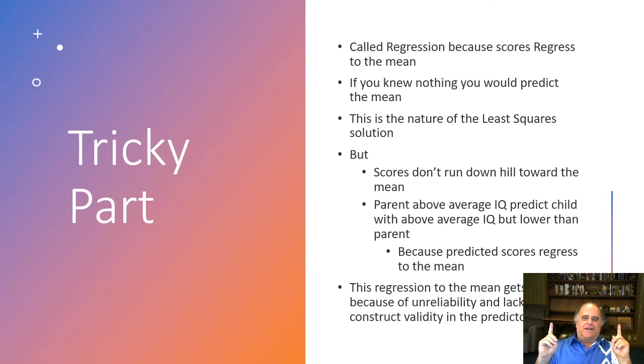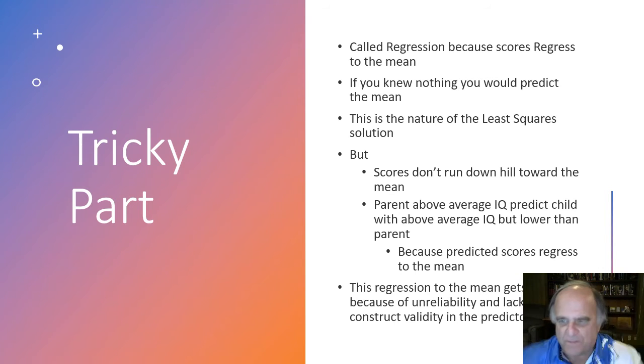However, you shouldn't reify that. We don't want to reify that movement to the mean. It does not mean that scores somehow magically run downhill toward the mean. It does mean, for example, that if we take a parent with an above average IQ, we would predict that their child would have an IQ that's above average, but lower than the parent.